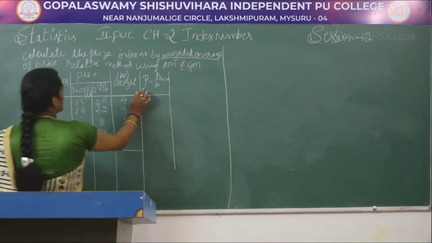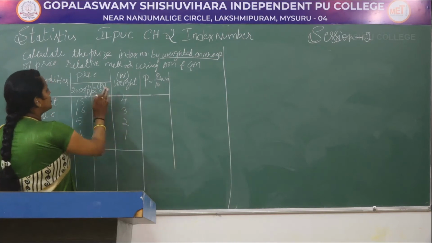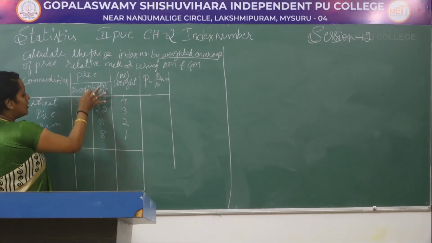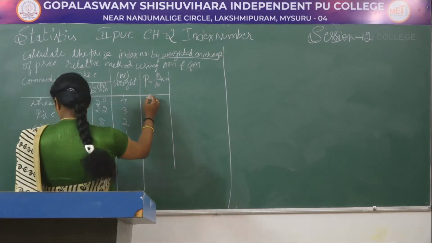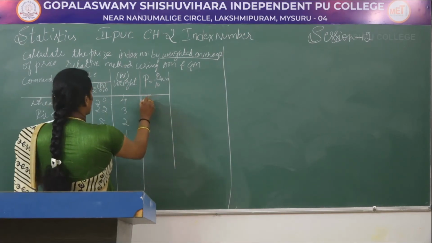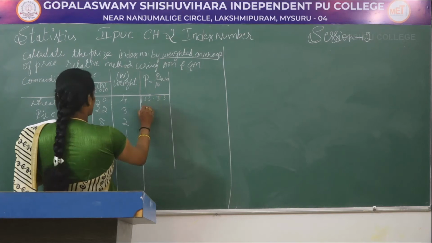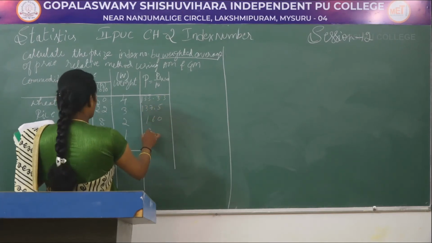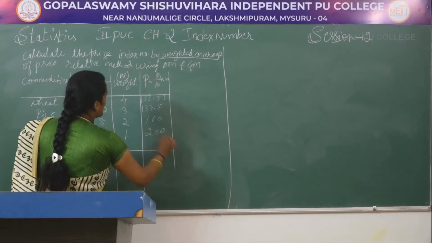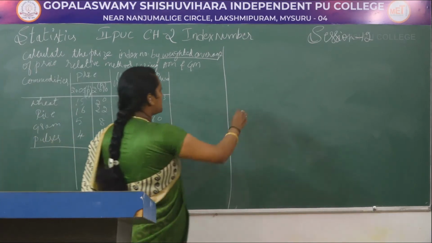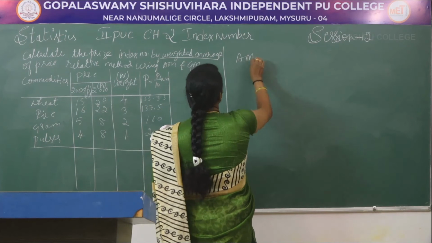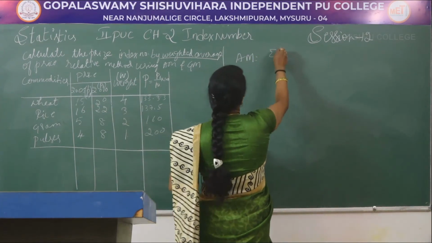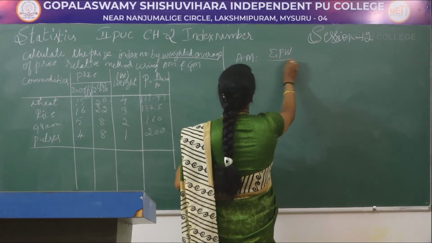So first find capital P, the price relative, using these two prices for all the values. I am calculating that: 133.33, 137.5, 160, 200.